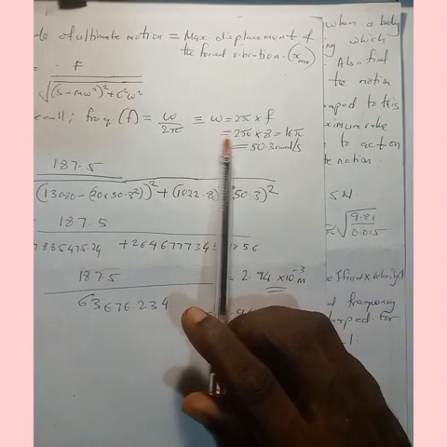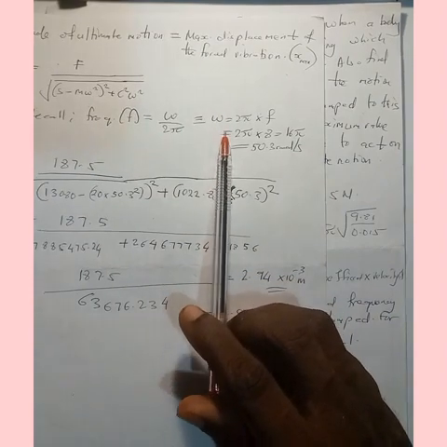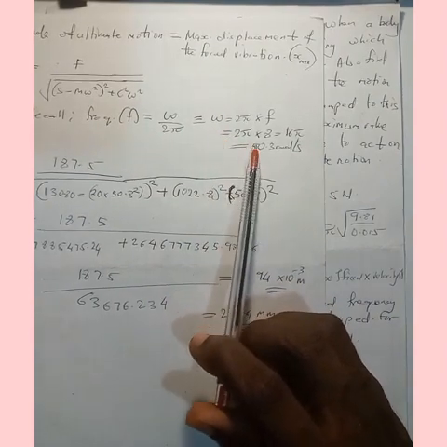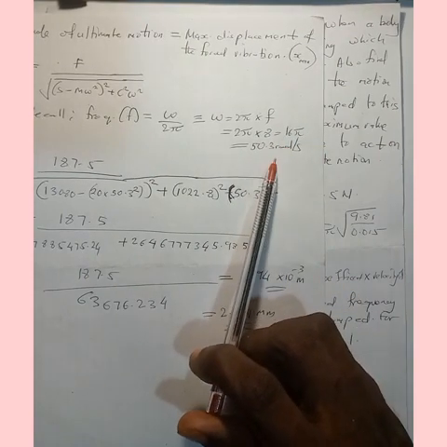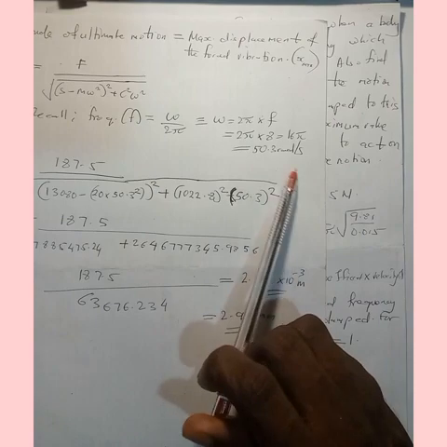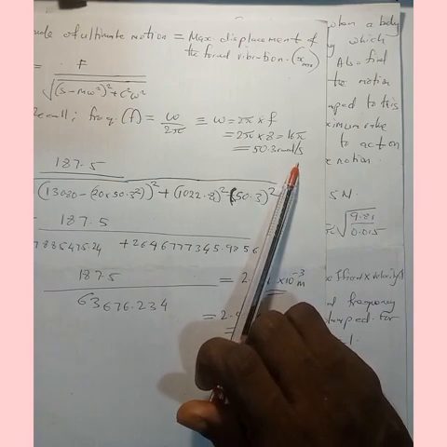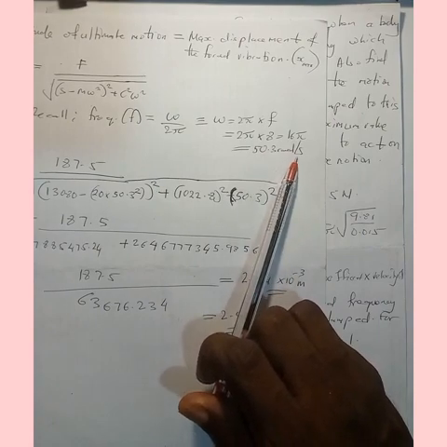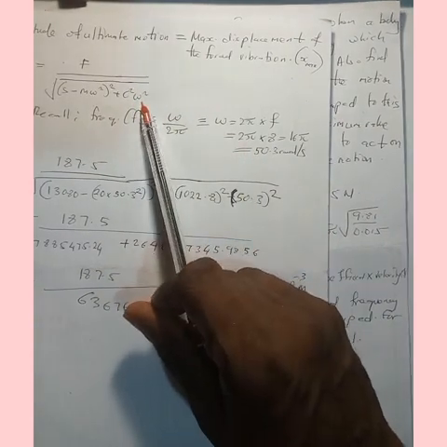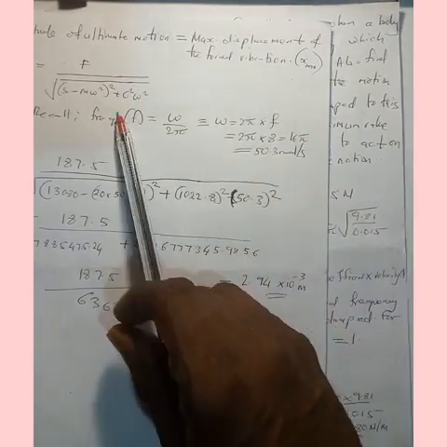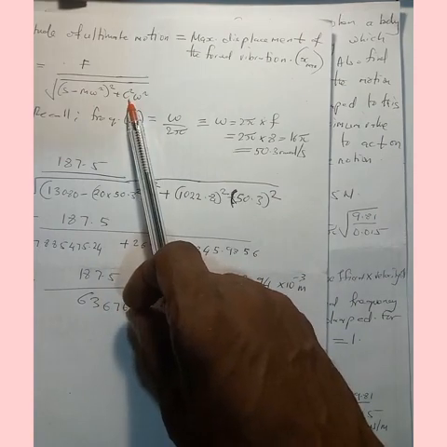So that means we can get our ω. Our ω here is now going to be 2π multiplied by 8. That's 16π, and that's 50.3 rad per second. Now that we know our ω, we also know c here.